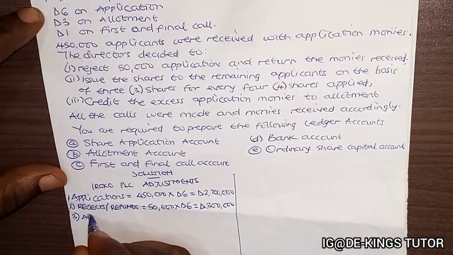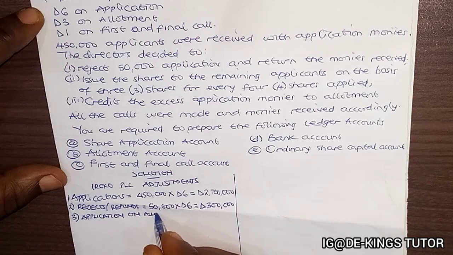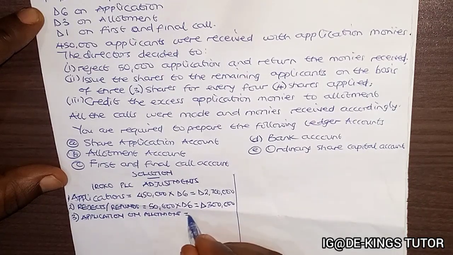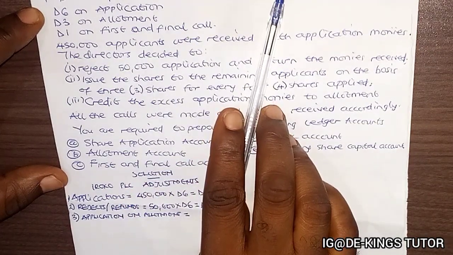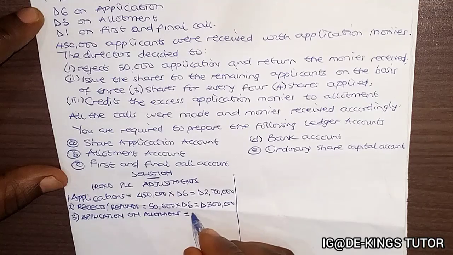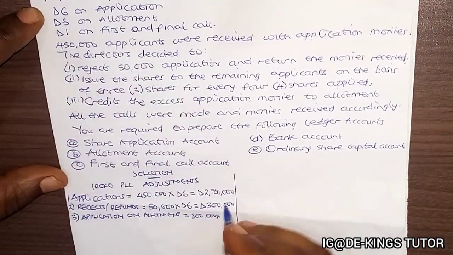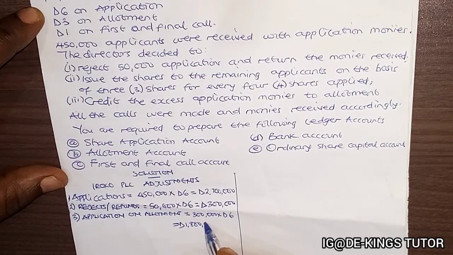So the third one will be application on allotment. The issued shares are 300,000 times $6, which gives us 1,800,000.